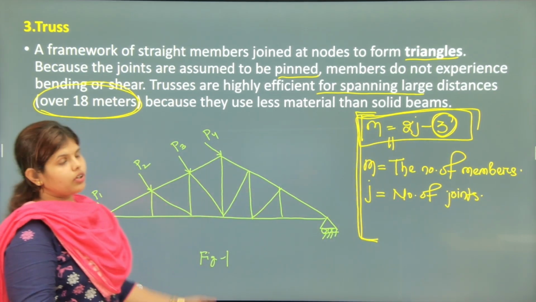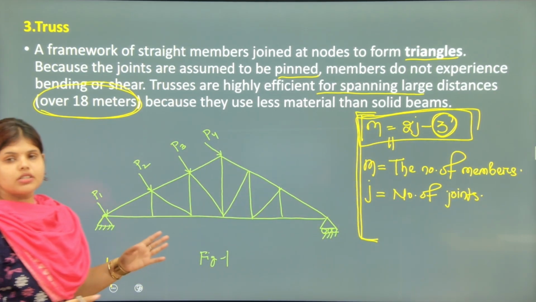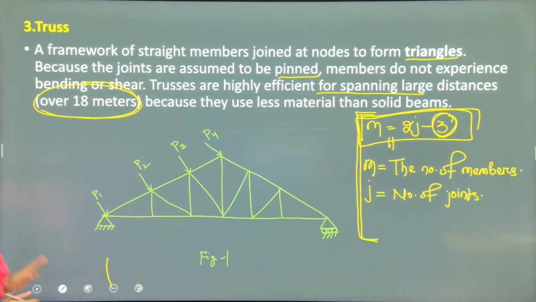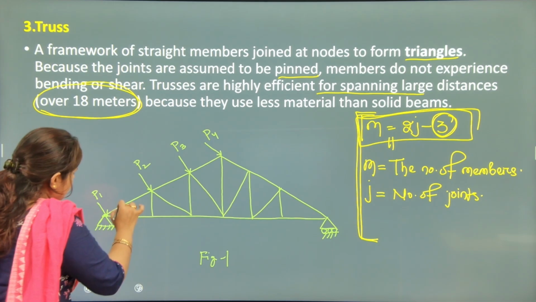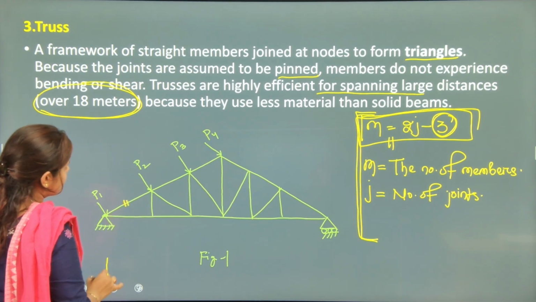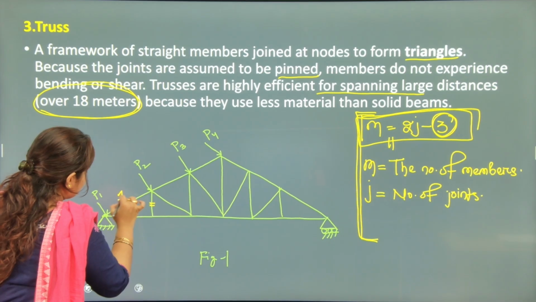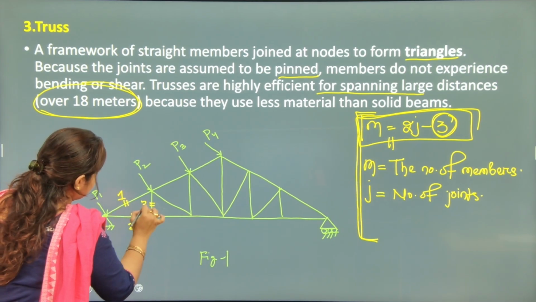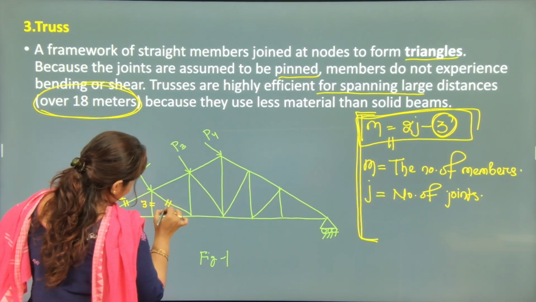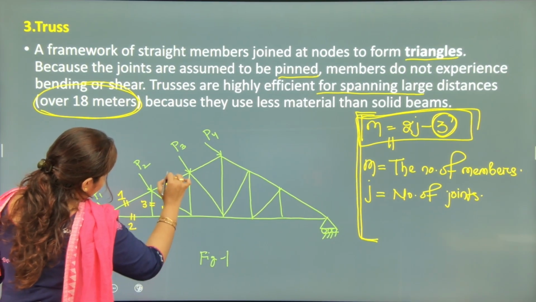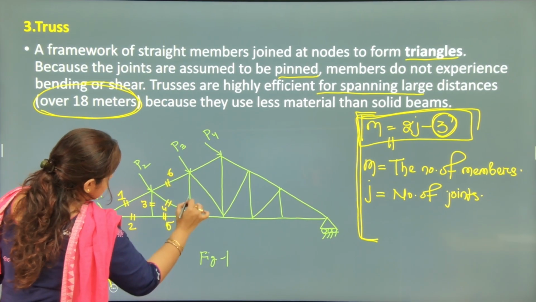Now we will go for counting the number of members and the number of joints. So for the number of members, here you can see each one is a member. So I will just write 1, 2, 3, 4, 5, 6.